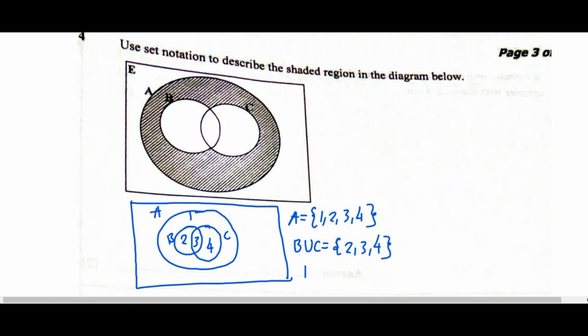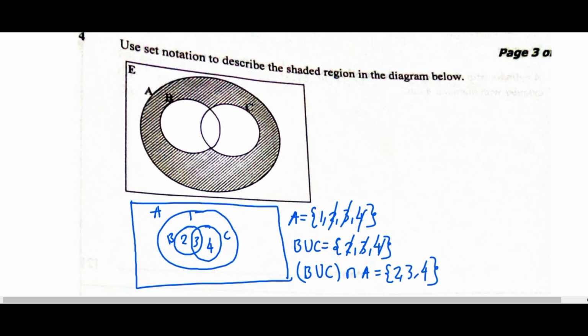So let's do this. B union C, this one intersecting A. So what we want is, let's look at what are the elements that are common to A and B union C. So you can see that 2 is common, 3 is common, 4 is also common.